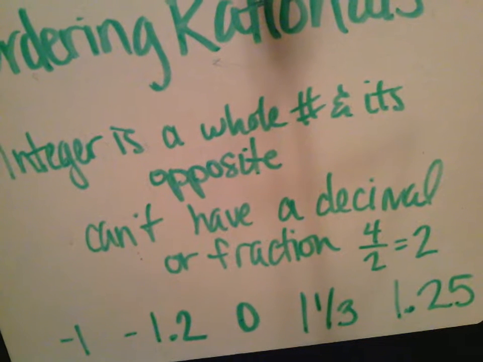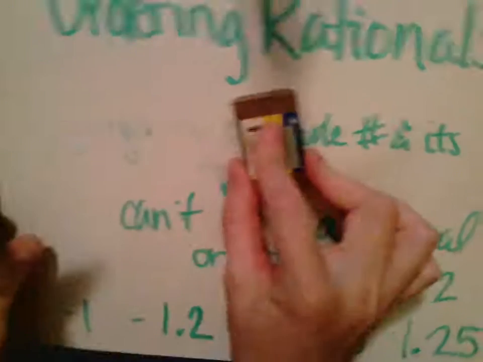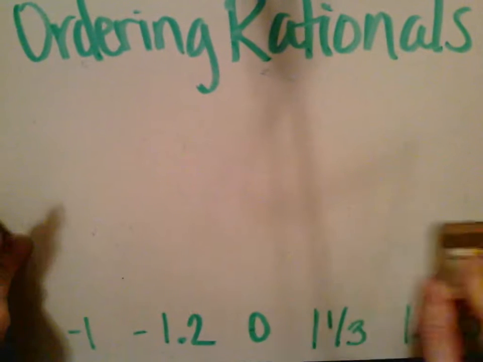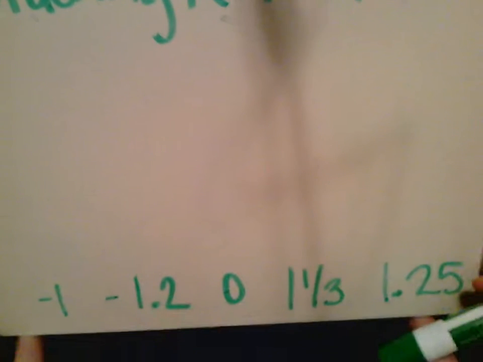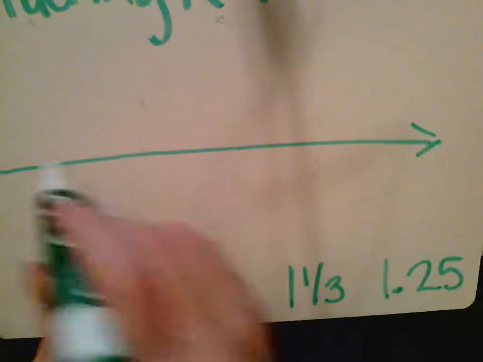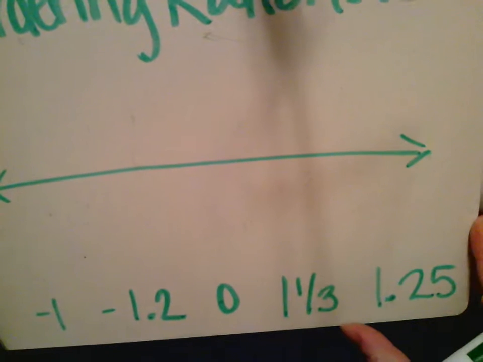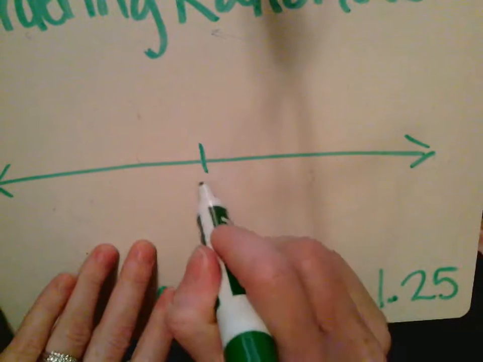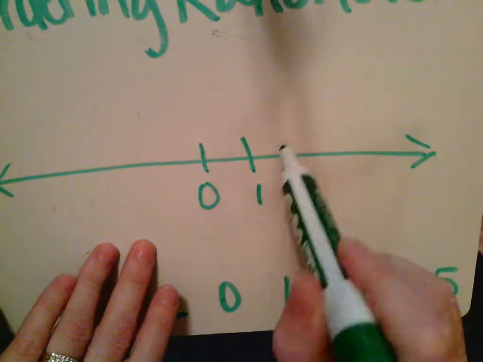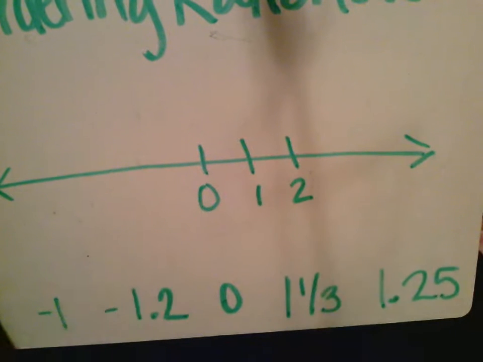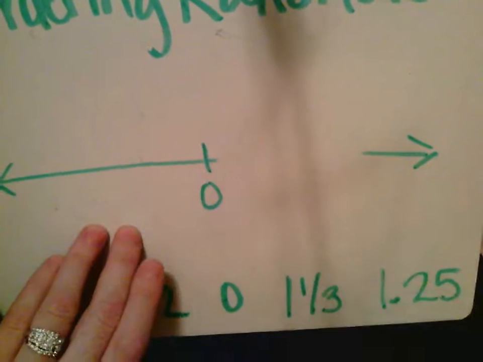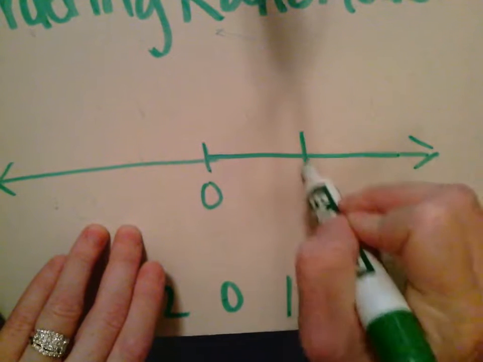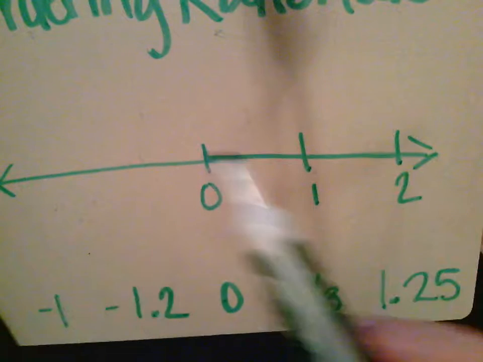Alright, so these numbers down here at the bottom are the first ones we're going to talk about. Okay? When you have a number line, I know that some of you will already know this, but not everybody, so I'm going to go ahead and say it. Make sure that you understand that a number line starts with your 0 and goes 1, 2. I'm actually going to space this out a little bit better so that we have a nice, pretty picture. 1, 2.